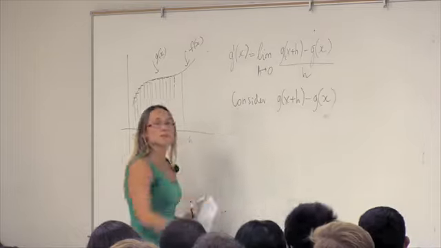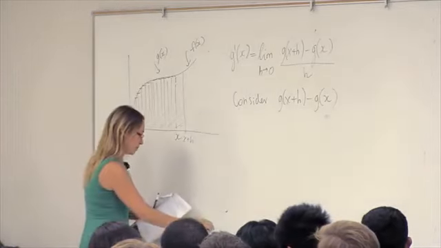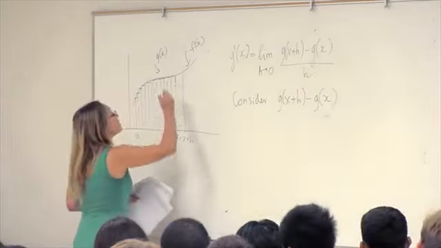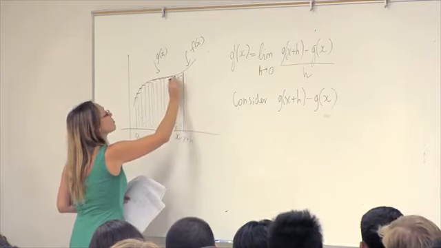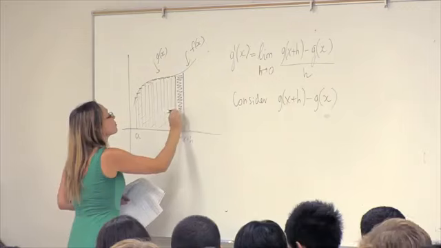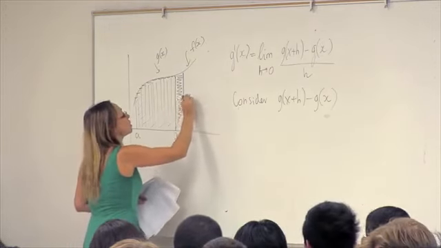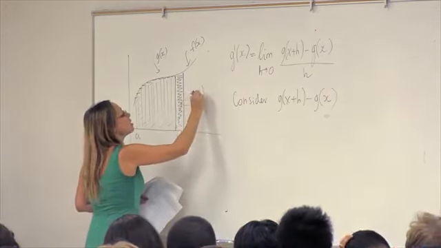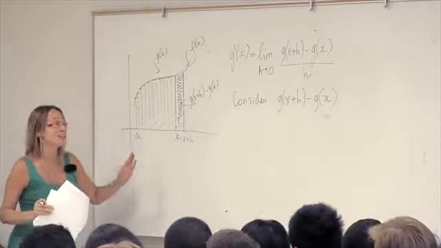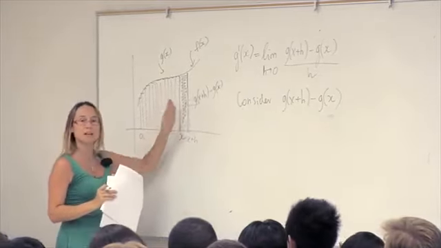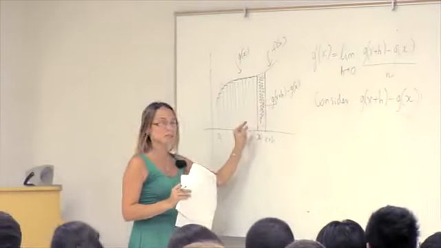This expression is the difference between the two. What's it equal to? The difference is given by this stripe. So this is g of x plus h minus g of x. Each g is the area. g of x plus h is slightly bigger, and the difference is this stripe.